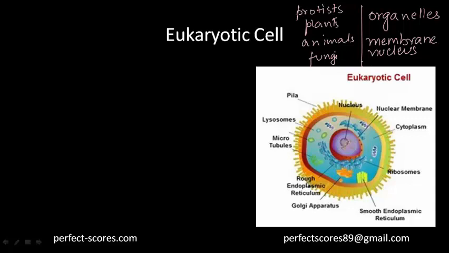Now all eukaryotic cells are not identical. Plant and animal cells are different, and I hope you remember the difference between plant cells and animal cells was the presence and the absence of a cell wall. Plant cells have a cell wall. It is absent in animal cells.